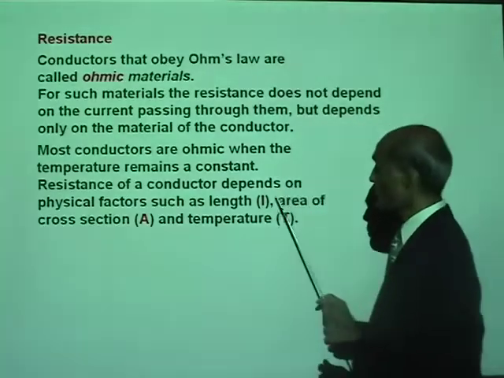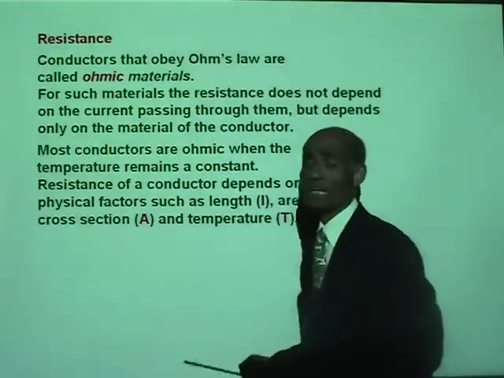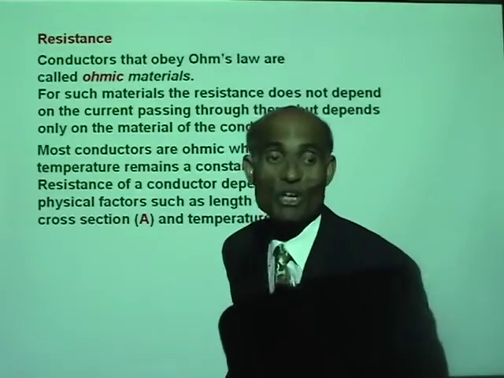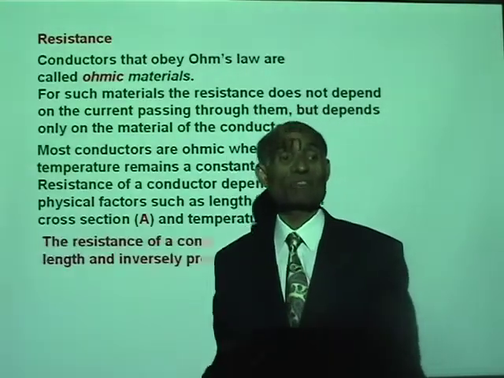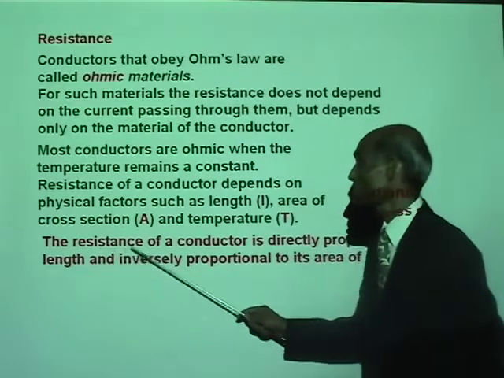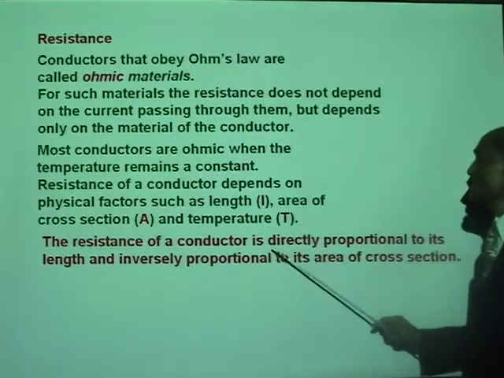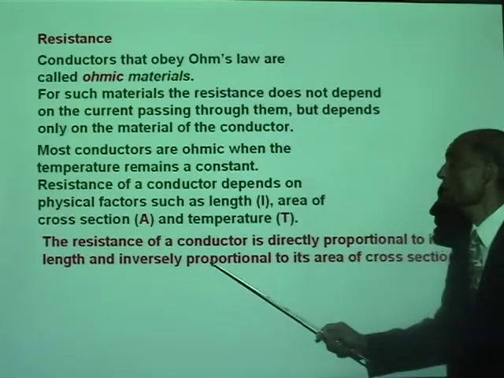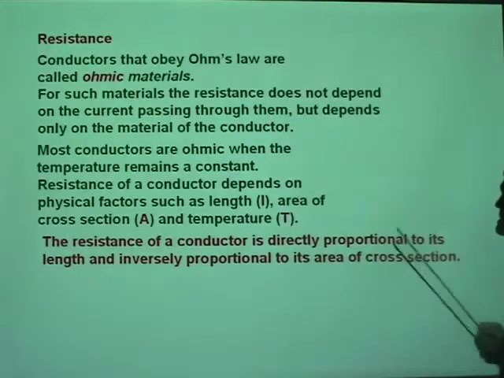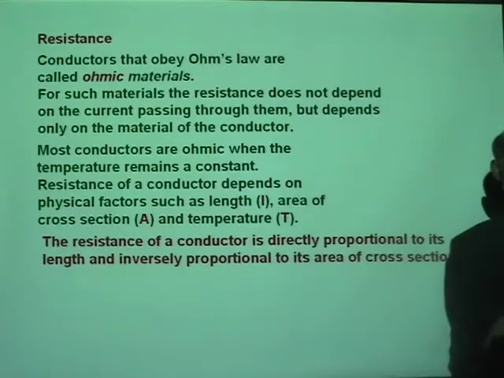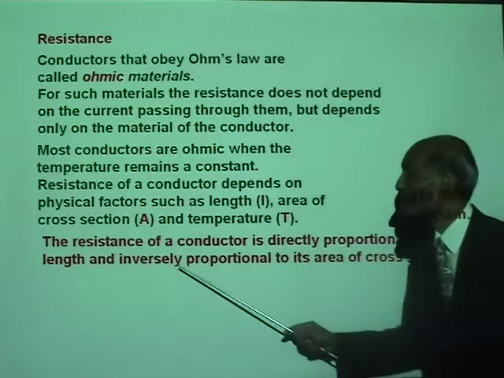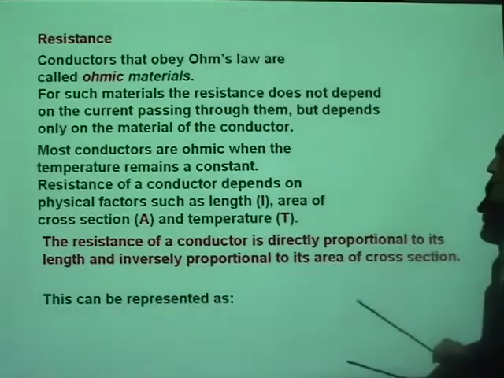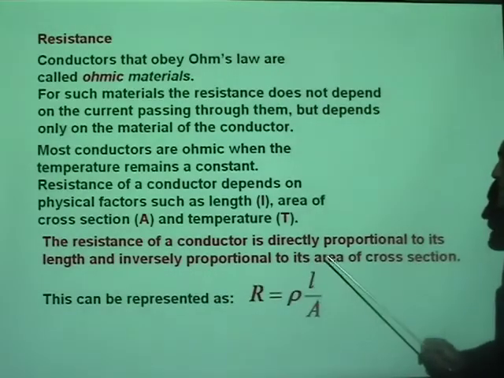So let's first of all write a relation connecting length and area of cross-section. How do they affect the resistance? The resistance of a conductor is directly proportional to its length and inversely proportional to its area of cross-section. Now, can you write a mathematical relation using that? It looks like this.